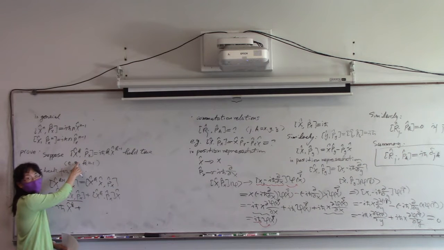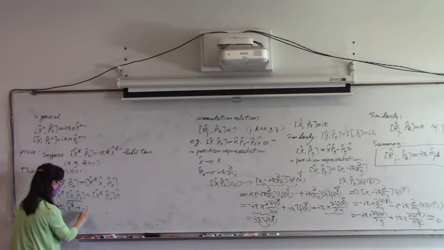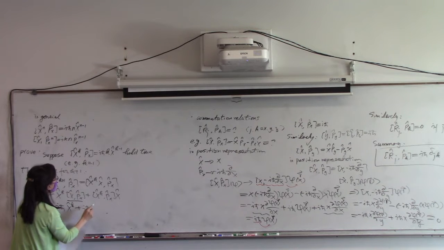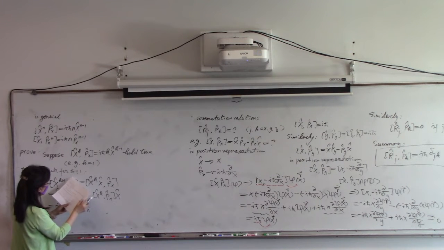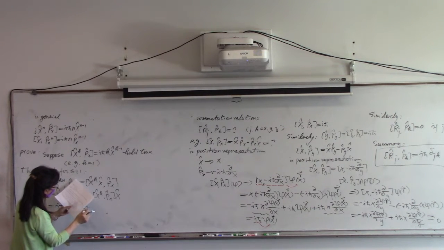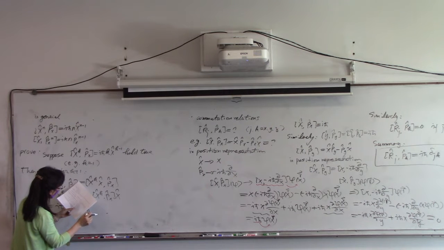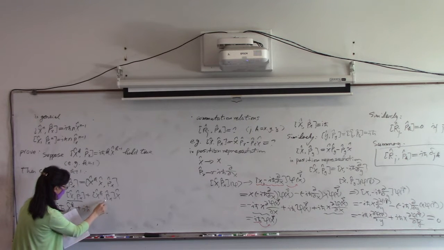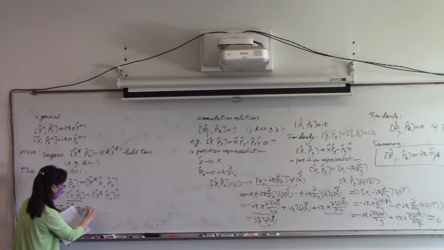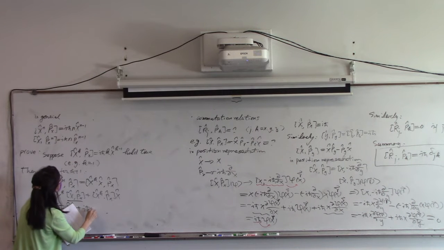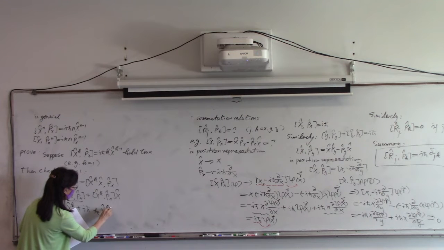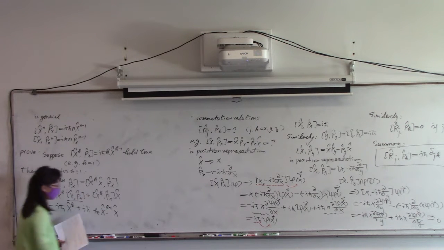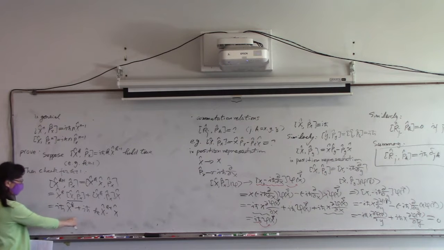For the second one, we assume this holds, so that is i h bar k x to the k minus 1, and we have an x here, so they are the same.